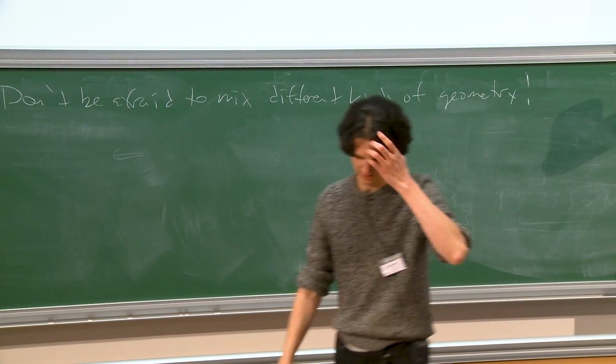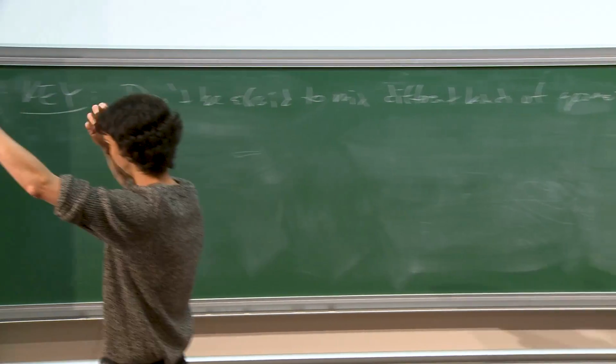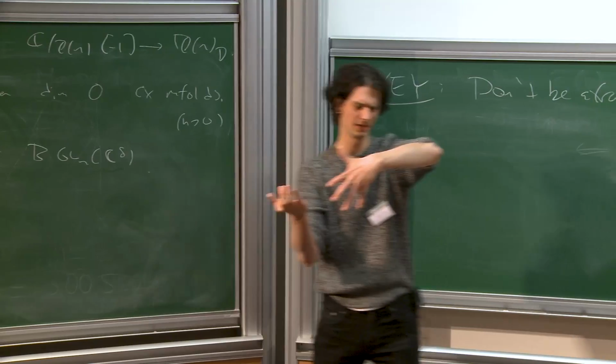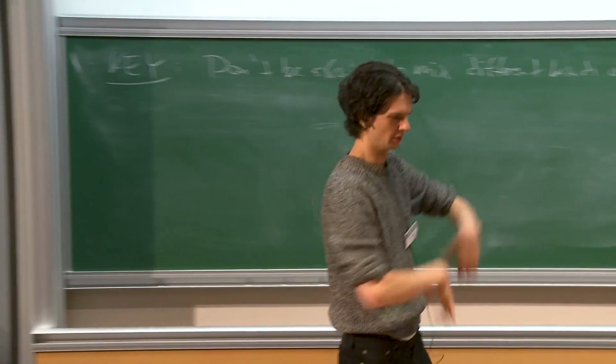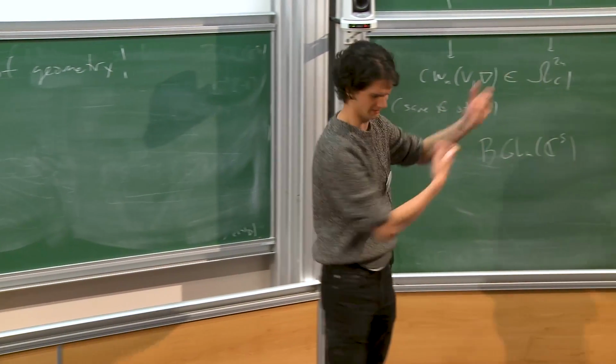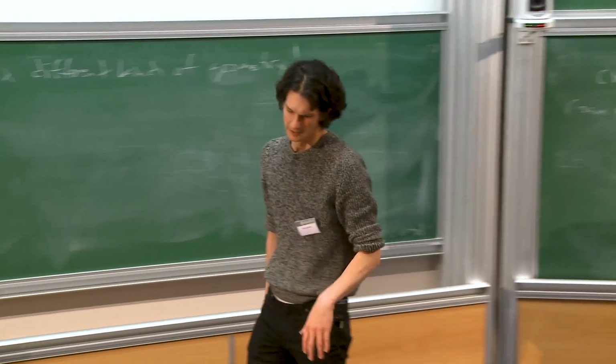What do I mean by this? The issue with comparing these two definitions is that they take place in two different contexts. One is based on specializing something for complex manifolds. One is based on specializing something for C-infinity real manifolds. In one case you have a connection, in another case you don't. Okay.